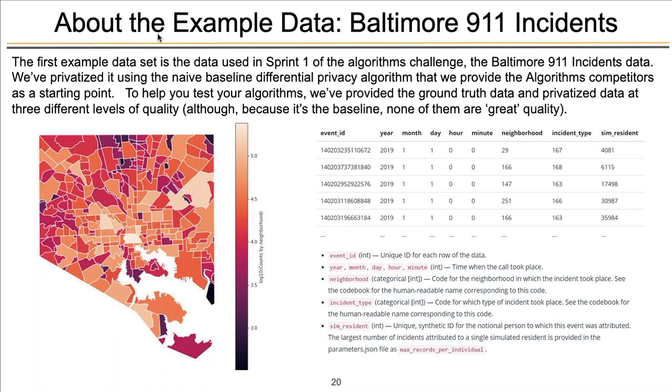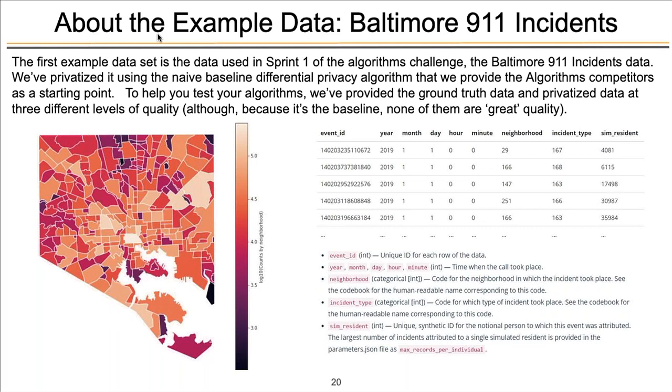And then there's a simulated resident ID that's mostly used in the algorithms challenge. You don't need to worry about that, although you can if you want to. That resident ID identifies persons. We have generated artificial persons for this data, and one person may be responsible for multiple records, multiple 911 calls.